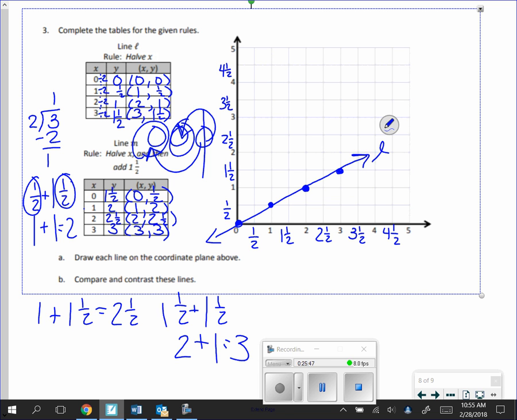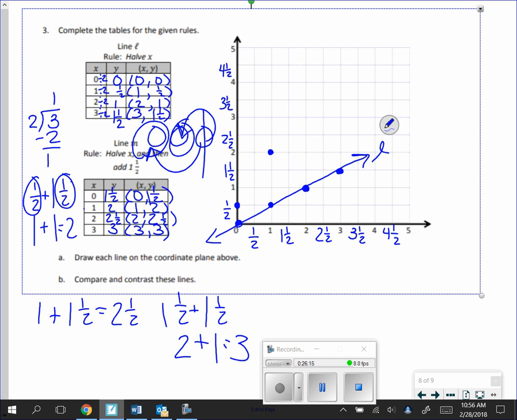I plot those. Over none, up 1/2. Over 1, up 2. Over 2, up. What did I do? You put 1 and 1/2 on 1, 0, but then you said hold on. Oh, I see. Yeah.